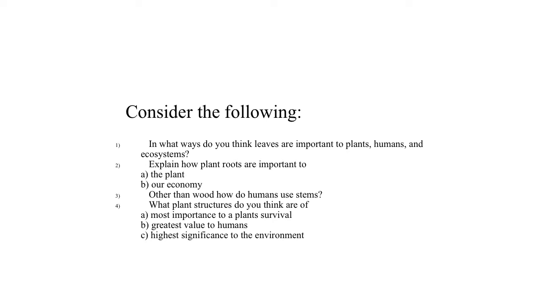You have probably talked about them every year in school. And so what I want you to do is pause the video and consider the following questions. Just in point form, jot down some of the things you already know about plants and sort of their uses to humans. Now, while we won't be answering these exact questions, we are going to be talking about some of the uses. So I wanted to get you thinking about plants before we get there.